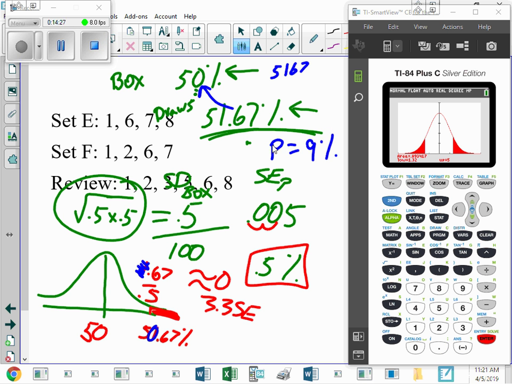When P is 9%, what do we do? We accept the null hypothesis. And the null hypothesis says there is no significant difference between 50% and 50.67%. Okay? We cannot say that 50% is wrong. In fact, we kind of say 50% is totally plausible.